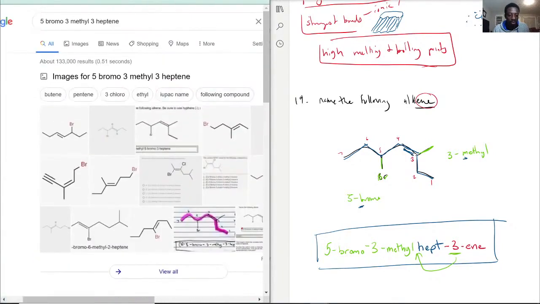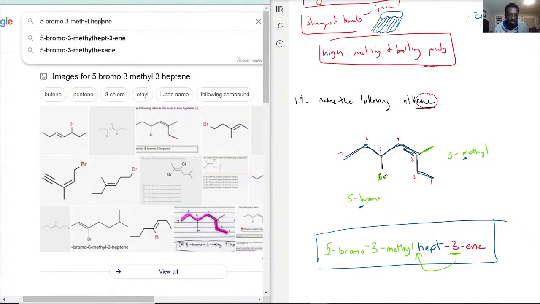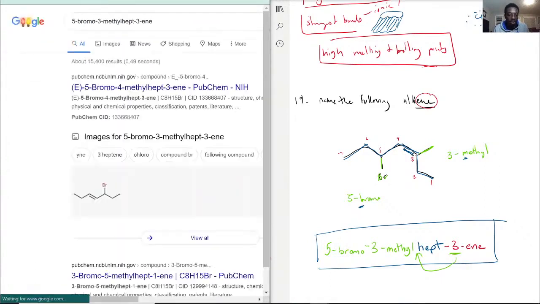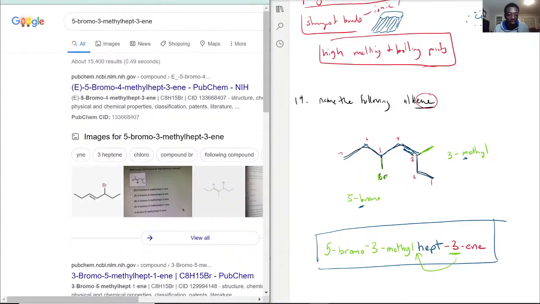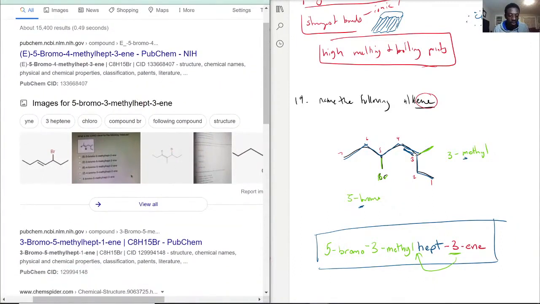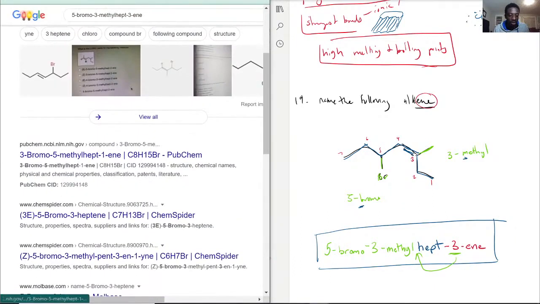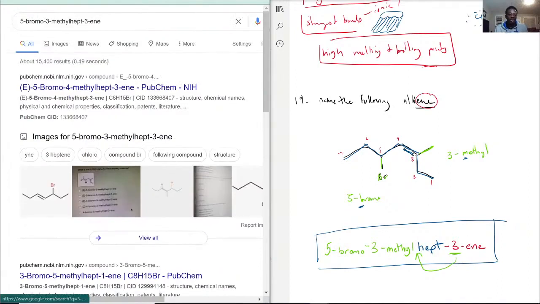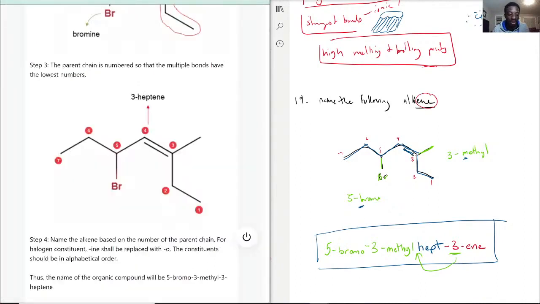But if I were to type 5-bromo-4-methylhept-3-ene, we also get that as well. Well, this is 4-methyl. As you can see, in terms of PubChem, which also uses IUPAC naming, that's also a possibility.